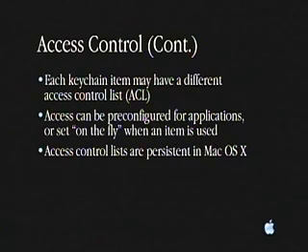The access control APIs are available in the CDSA layer. We don't currently have any in the Keychain Manager API to configure those. We assume that the user or the administrator of the machine will set up the permissions as they see fit for a particular keychain item. And of course, access control lists stick around on OS 10, so across reboots, it's always going to be there.